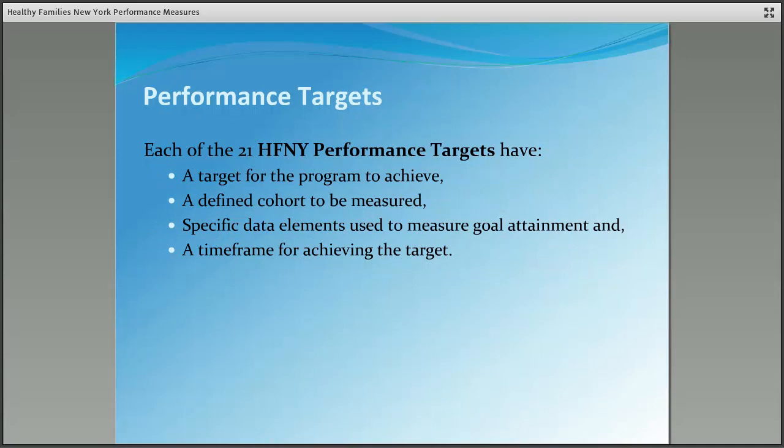We have 21 performance targets in Healthy Families New York. Each of these have a target for the program to achieve, a defined cohort to be measured, specific data elements used to measure goal attainment, and a time frame for achieving the target.